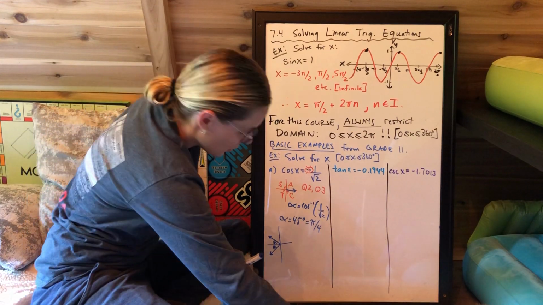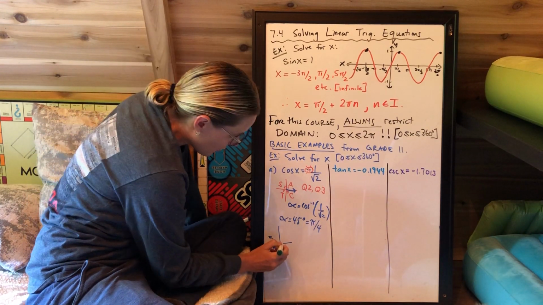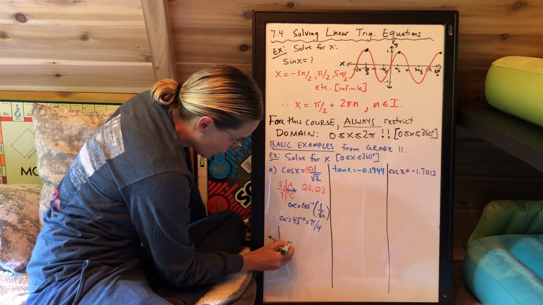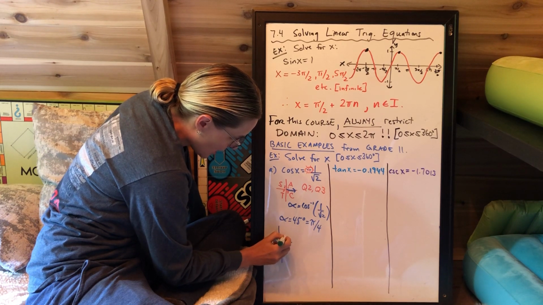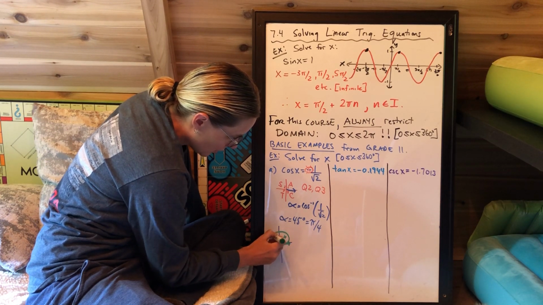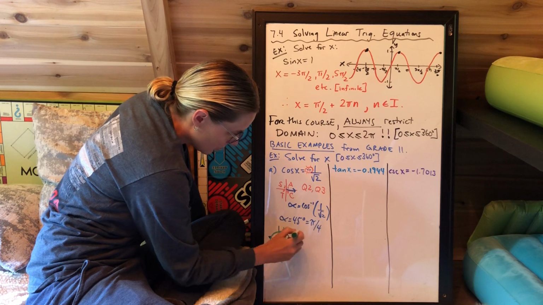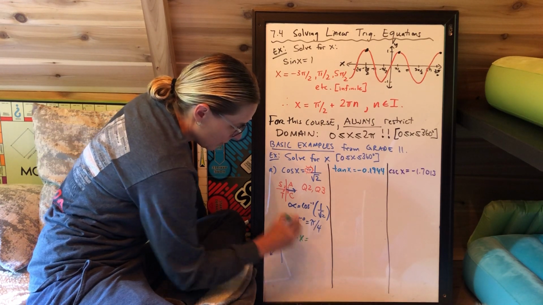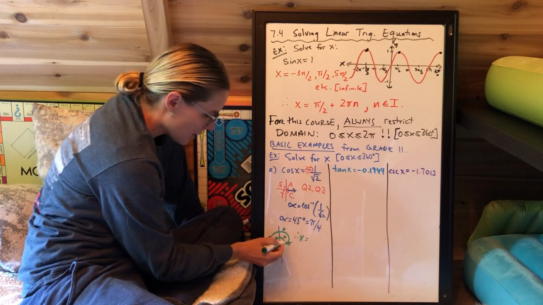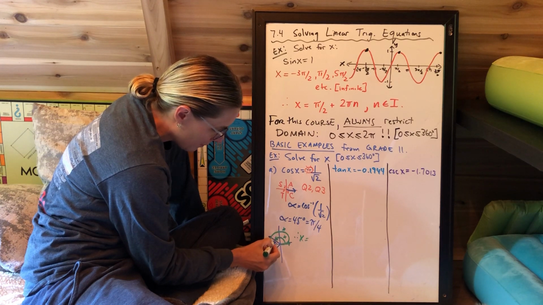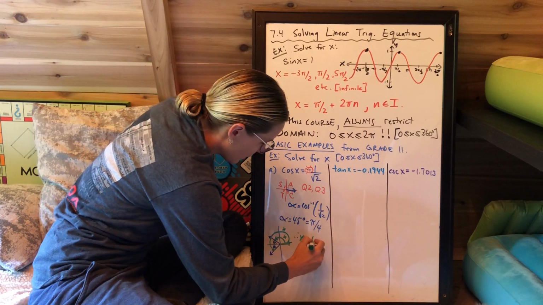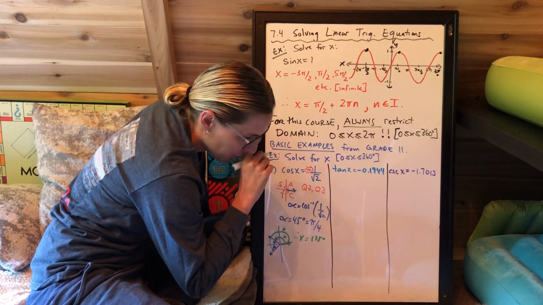If that is 45 degrees, your related acute angle, what is this? This is the x we're looking for, this angle and that angle. You have to use the idea that all the way across is 180. I subtract 45, I get 135.